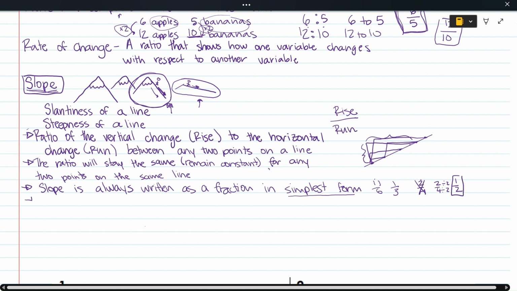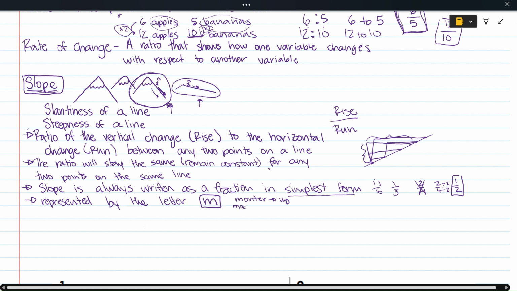And then finally, slope is represented by the letter M. And nobody really knows why. There are some scholars that say, I think it's a French word, that it comes from the French word monter, which means up.